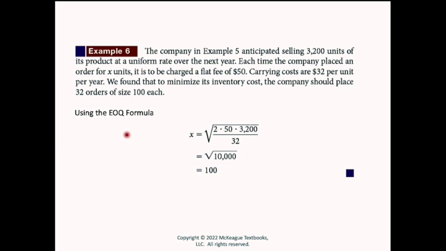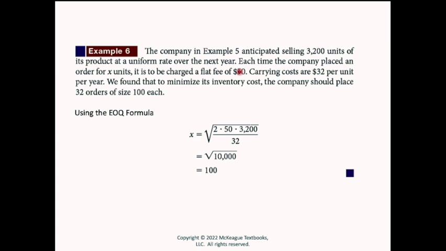So let's look at an example of how we can use the EOQ formula. It says the company anticipates selling 3,200 units of its product at a uniform rate over the next year. So this is going to be our D in our formula. It's the amount that we plan to use or sell in the next year. Each time the company places an order for X units, it's to be charged a flat fee of $50.